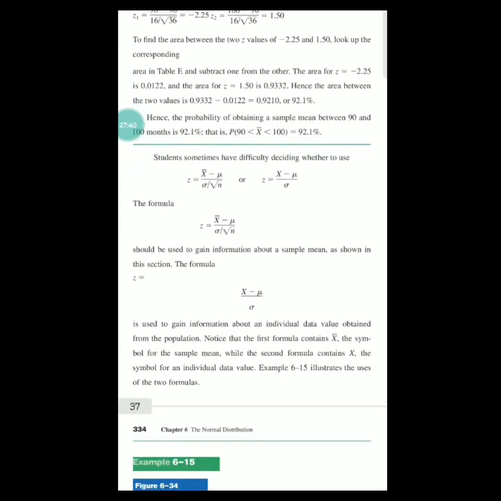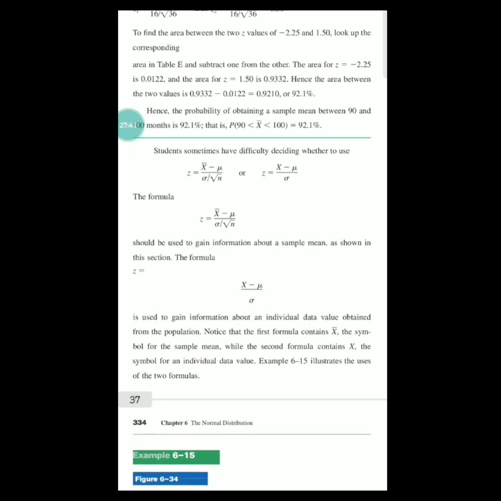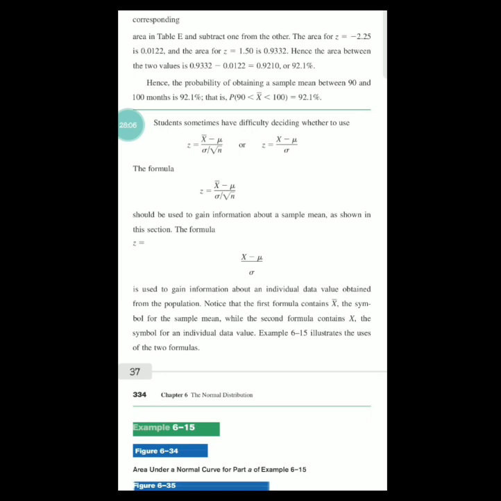Students sometimes have difficulty deciding whether to use Z equals the sample mean minus the population mean over the population standard deviation divided by the square root of our sample size, or Z equals X minus the population mean divided by the population standard deviation. The formula Z equals X bar minus mu over sigma divided by the square root of n should be used to gain information about a sample mean, as shown in this section.